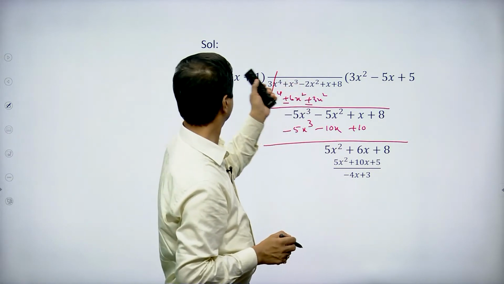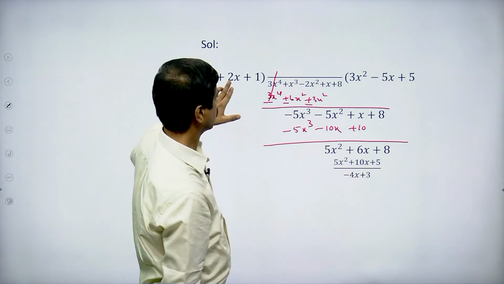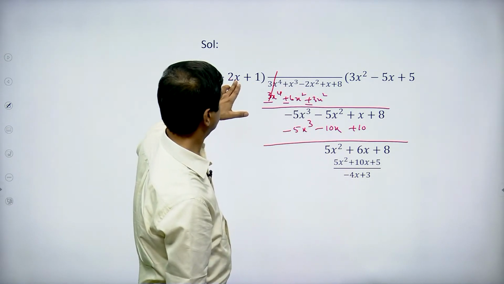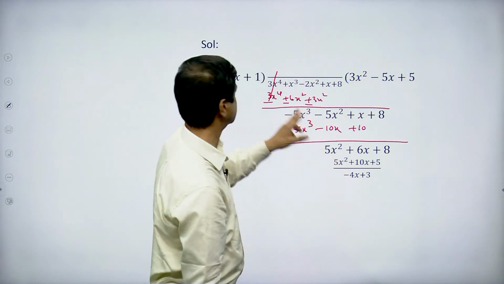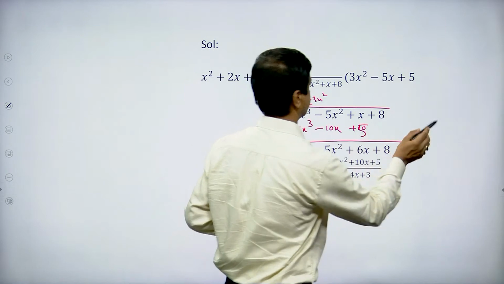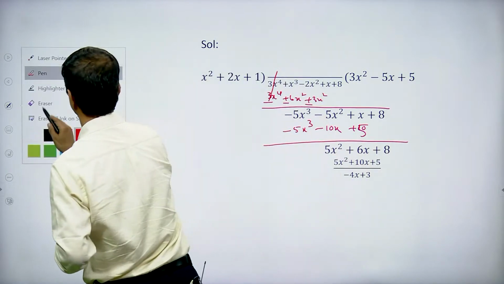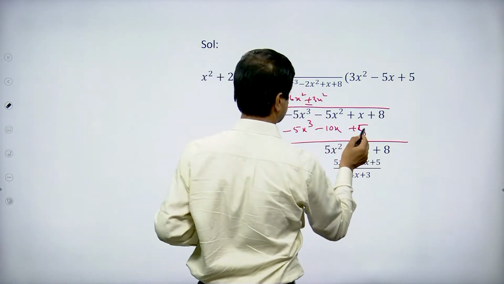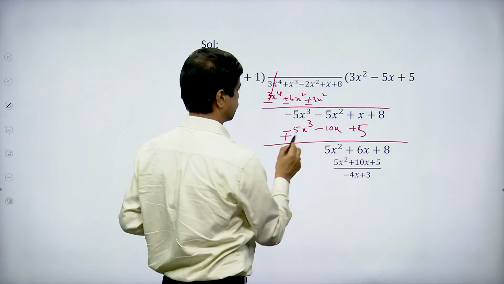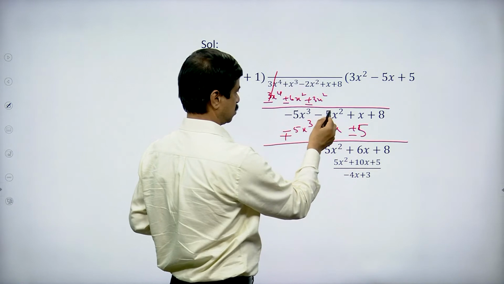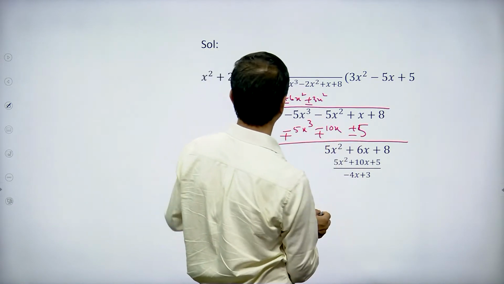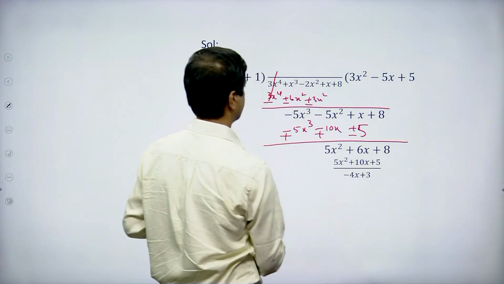Plus 2x into minus 5x is minus 10x square plus 1 into 5 is 5. Yeah, this is the mistake we have done. So I am checking in the first places, but mistake is at the last place. So now if you subtract, plus, plus, minus. Minus 5 plus 10 is 5x square.